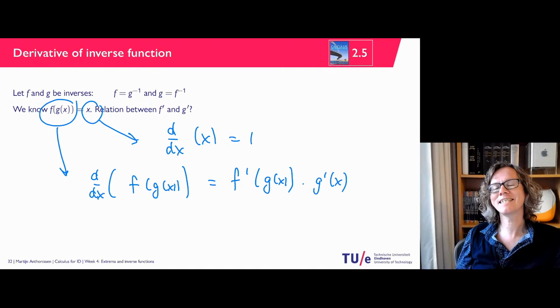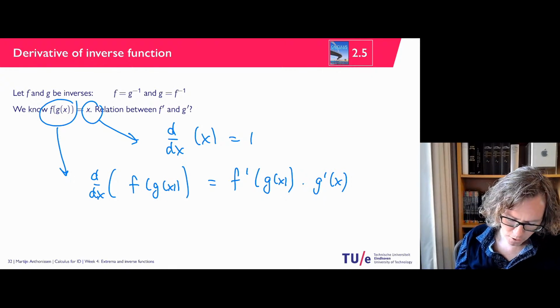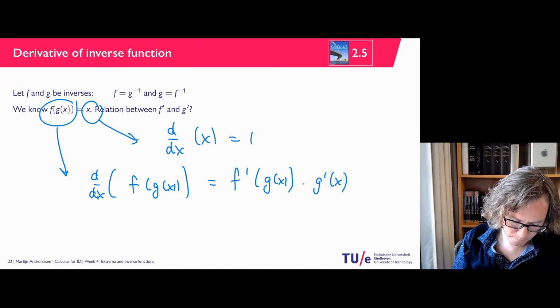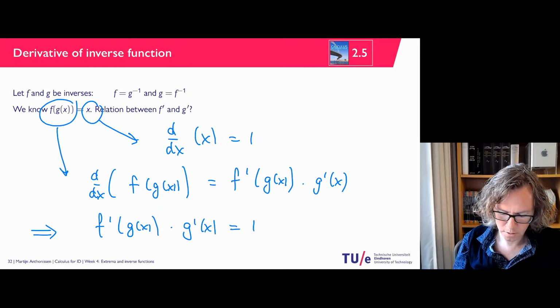And here you see that indeed there is a relation between these two derivatives, because apparently, with what we have just found, f prime of g(x) times g prime of x equals 1.